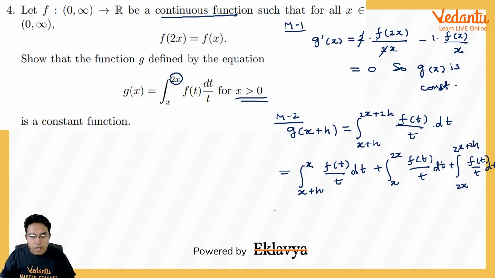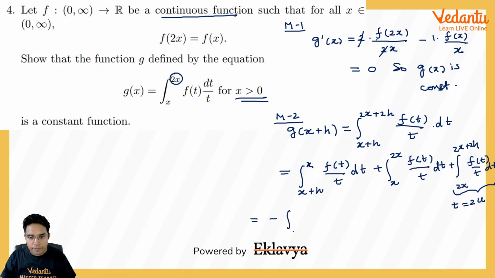Now I will do some substitution in this last integral. I will put t equal to 2u. If I do this substitution, my first integral is not changed at all, but let me change the limits and put a minus sign outside.